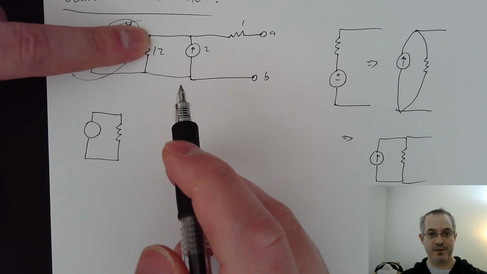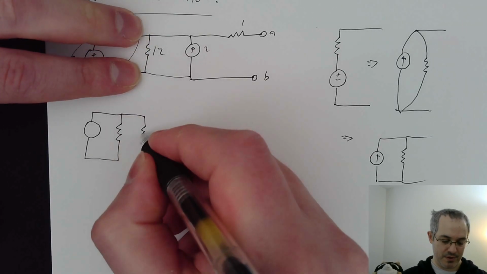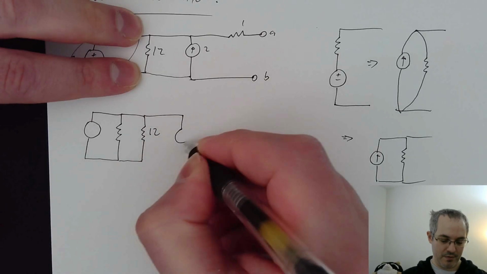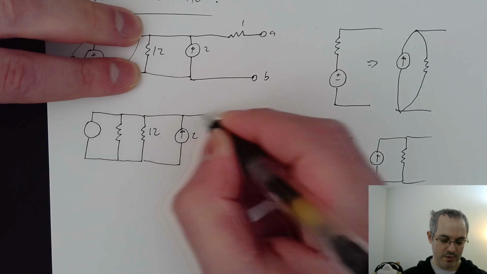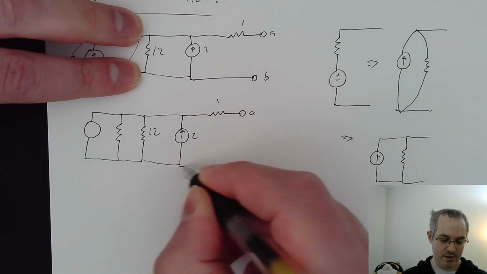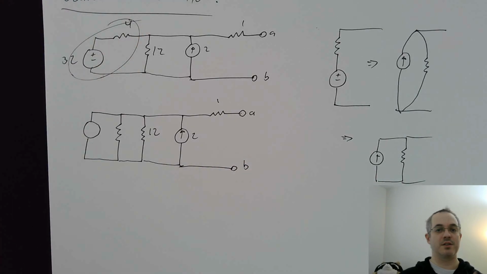Now we're at this node and this node, right? We're at those two. So that's going to be the 12. And then we have the 2. And then we have the 1, A, B. The nice thing about doing source transformation continuously is that sometimes you can get the whole problem solved all at once.